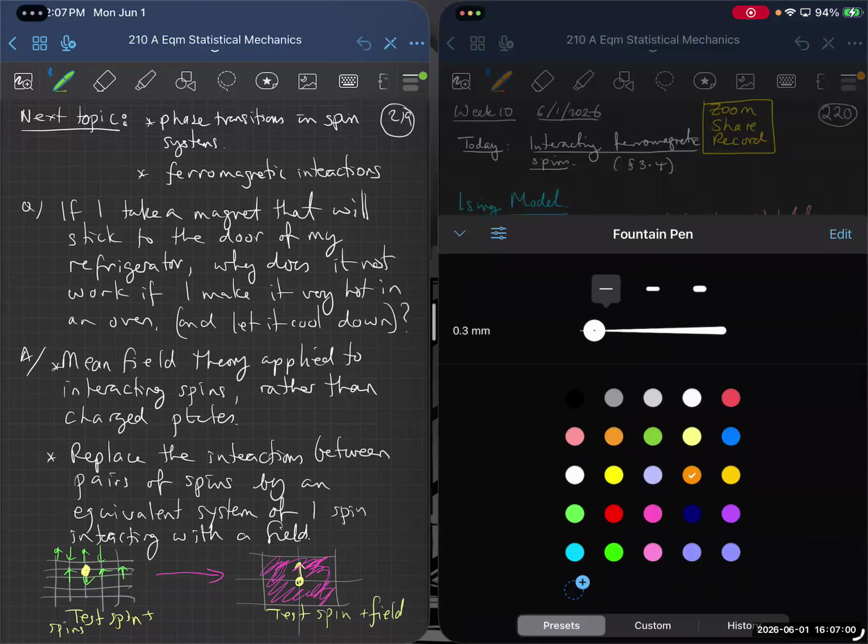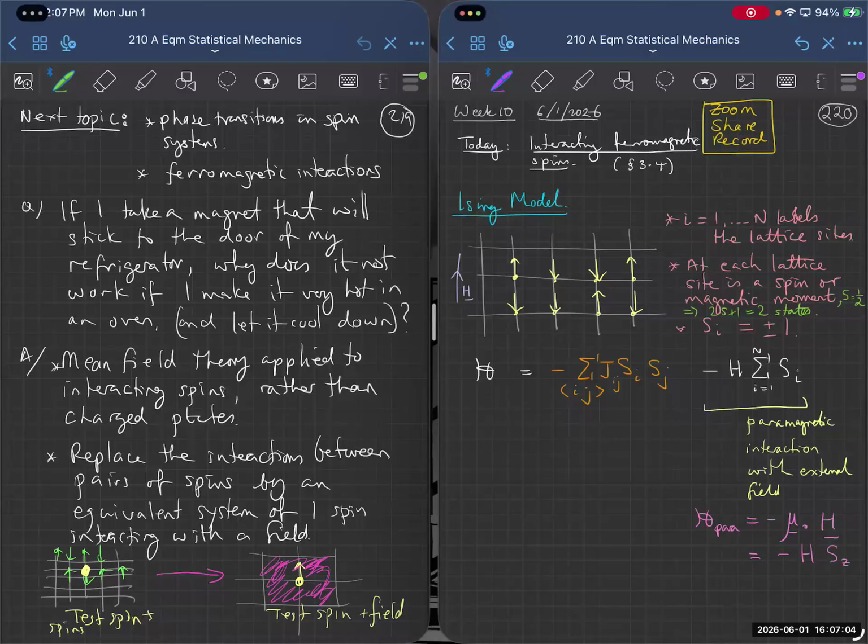Let's take this apart. This term in the energy requires the energy of the spin i and the energy of the spin j. So this is a cooperative contribution to the Hamiltonian.